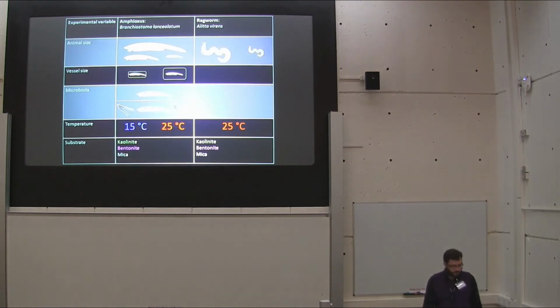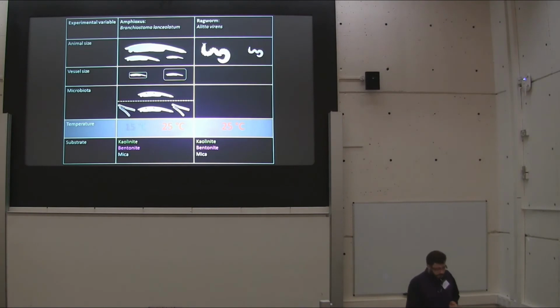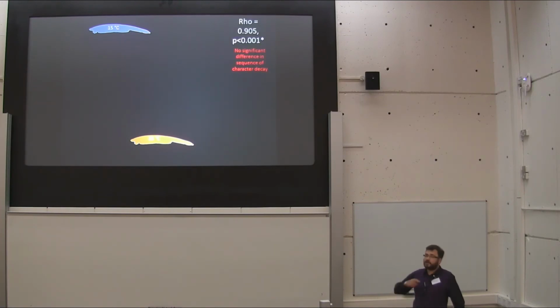So first of all, animal size and the presence or absence of a microbial inoculum makes no difference to rate or sequence, so I'm not going to talk about those anymore. But temperature, as you might expect, does make some difference. First of all, though, if we compare the sequence of decay, if we look at a Spearman's rank of the ranks of decay resistance, we see no significant difference between the hot and the cold treatment.